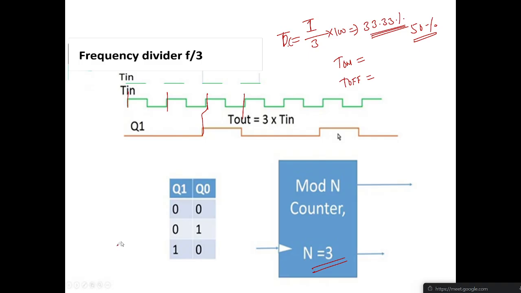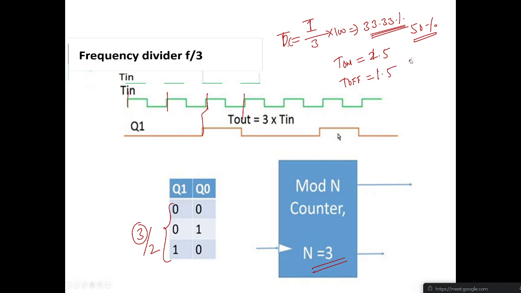T on should be equal to T off, but it is only 3 clock cycles. So 3 by 2: 1.5 and 1.5.